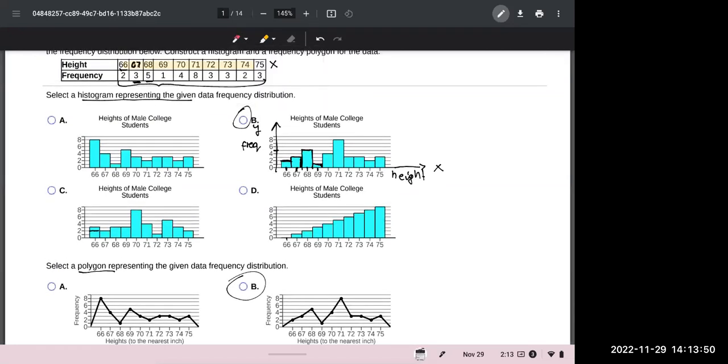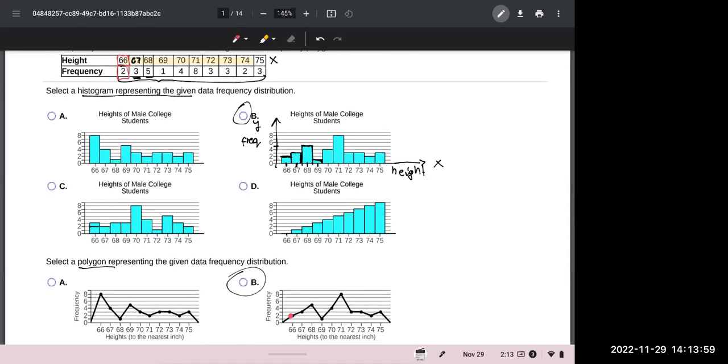X, the first one we have 66, 2. So when X is 66, frequency Y is 2. Then for 67, we have 3. So 67, 3. For 68, we have 5. For 69, frequency is 1.